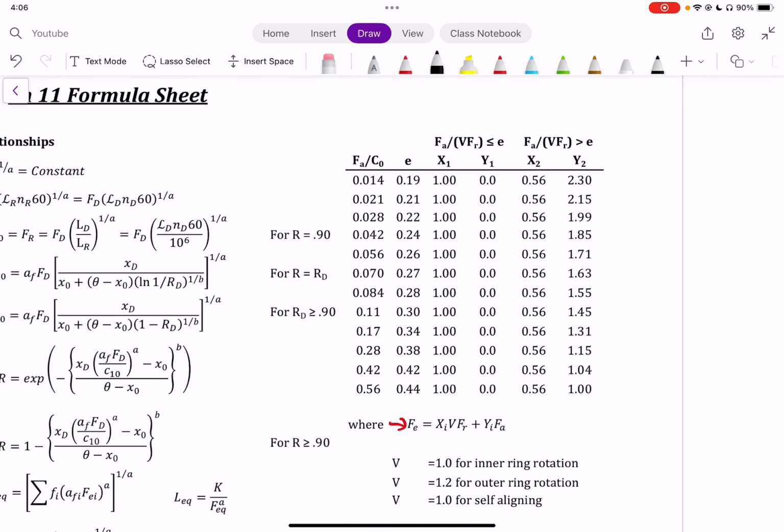We see that our 0.038 is pretty much between 0.042 and 0.028. And we're going to say that our value of E is going to be pretty much 0.23. We do a quick interpolation here just to say that it's 0.23. It could actually be 0.235 or 0.236, but it doesn't matter initially. It's just to see if we have x1, y1 or x2, y2 that we're going to use.